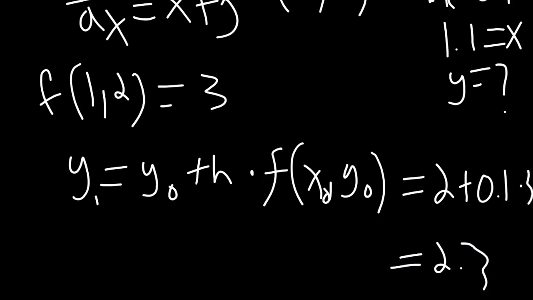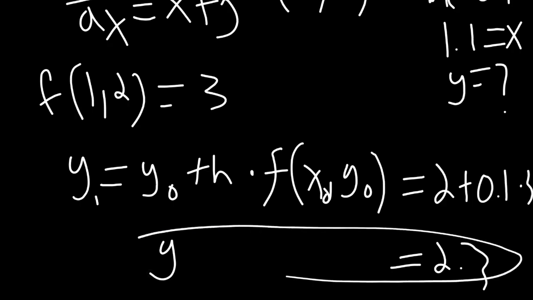So what we did is we found our slope, we found our y value, we have our new y and our old y, and we solved for the new y. And so when we plug in x equals 1.1, we get y equals 2.3, and that is our final answer.